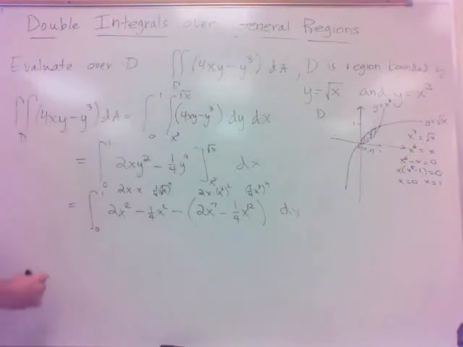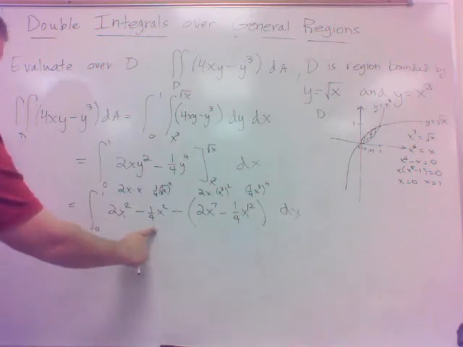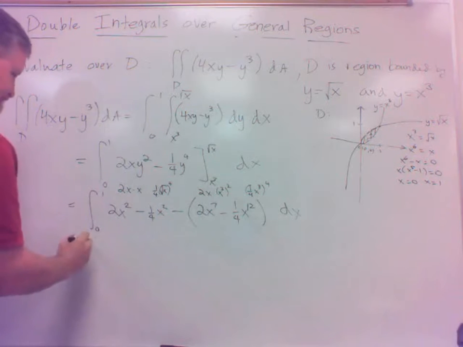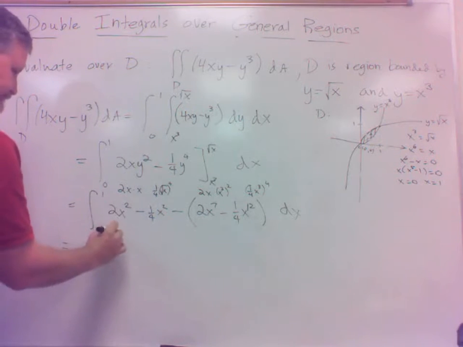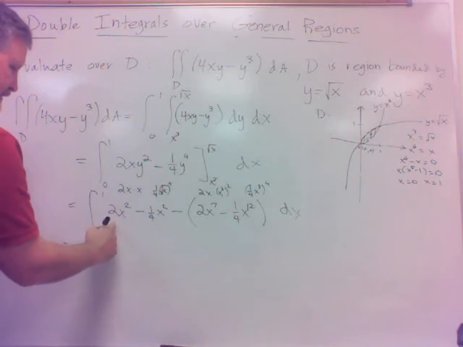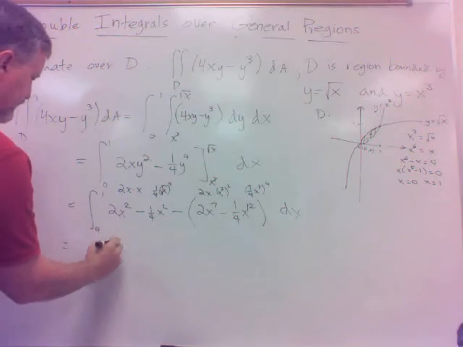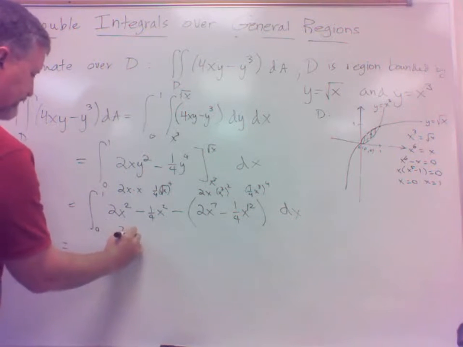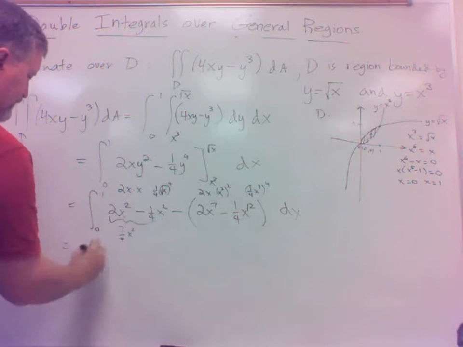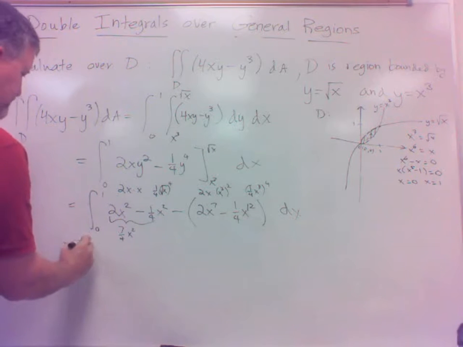Okay. These are both x squared, so what does that give me? 7/4 x squared. And so we do the antiderivative, it'll be 7/4 times 1/3 x cubed, so it'll be 7/12 x cubed.